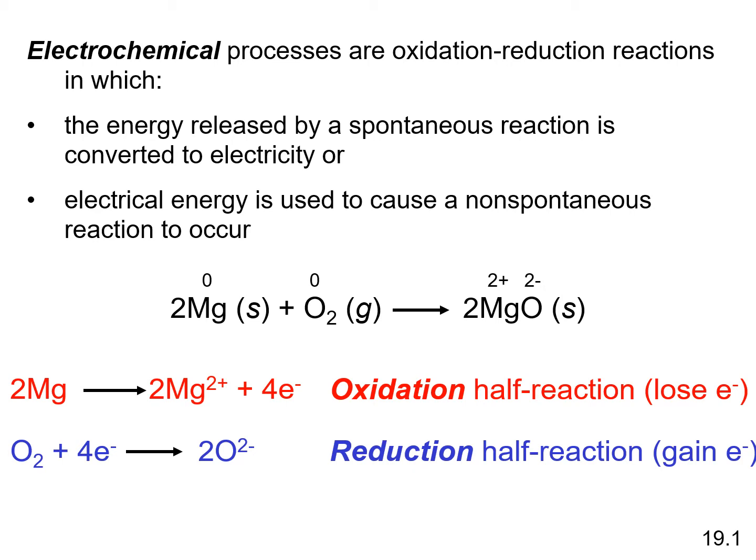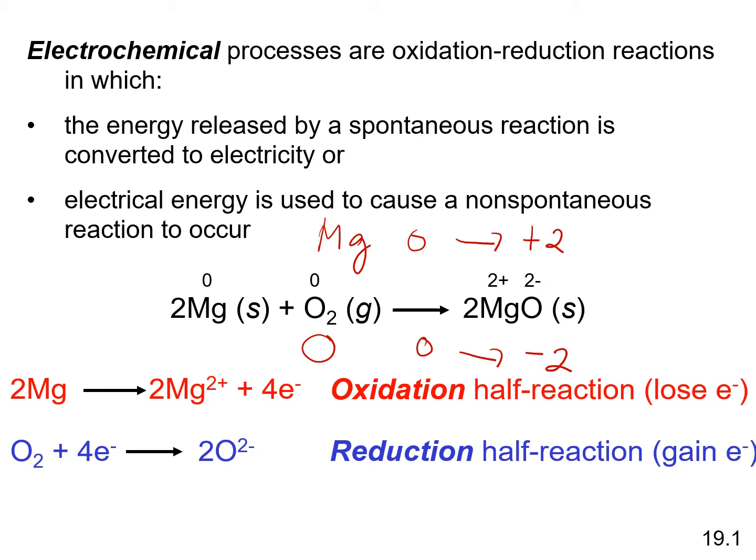chemical reaction. So just like in our example here, our magnesium in the reactant, the oxidation number is 0. And then in the product, it's now positive 2. On the other hand, our oxygen in the reactant, the oxidation number is 0, and in the product, it's negative 2.